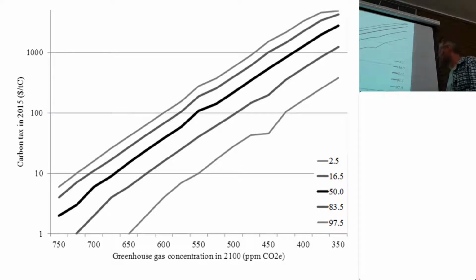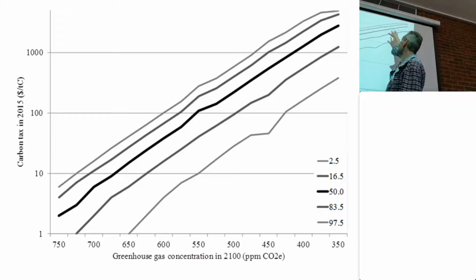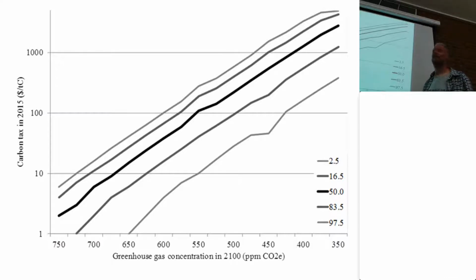And what you see is that if you want to stabilize at 700, then a carbon tax today of $10 per ton of C is enough. But if you want to go to 450, then you need a carbon tax, well, let's pick 1,000. If you want to go to 425, then a carbon tax of $1,000 per ton of C is needed, right?